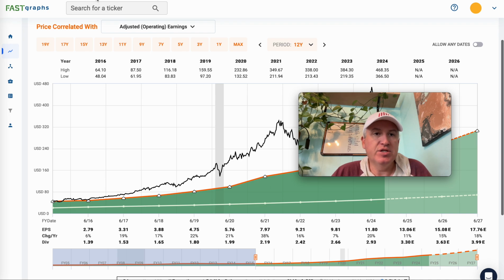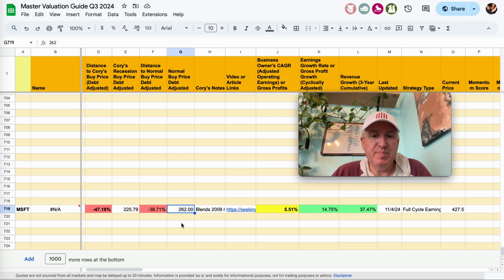Well, what that's going to do to this buy price is it's going to get lower and lower the worse that earnings expectations get. Well, sometimes in a recession, those can get too negative. So it's entirely possible if earnings expectations during a recession got too negative that this 225 buy price would actually be higher than the normal buy price.